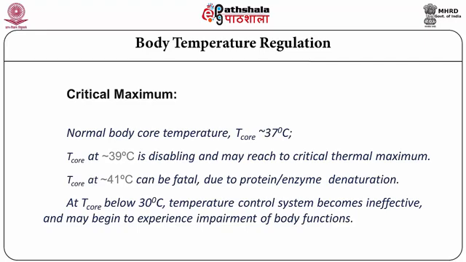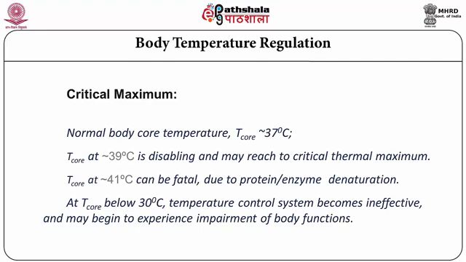But if the temperature of the body for some purpose rises, let's say up to 39 degrees, the body may not be able to cope with that situation, which we call disabling temperature, or the body is reaching the critical thermal maximum. In many industrial situations and sports events, one can reach a limit of tolerance at the level of 39 degrees centigrade.